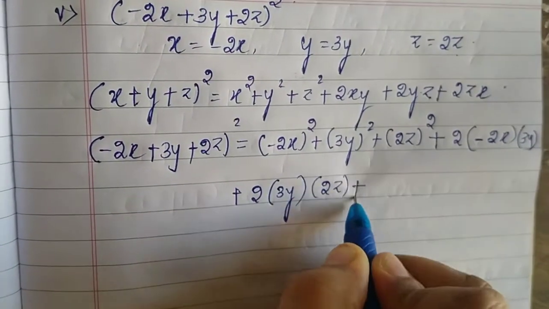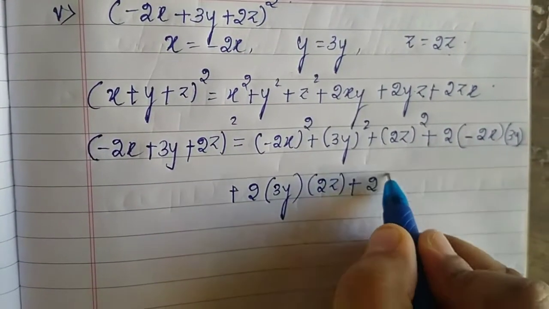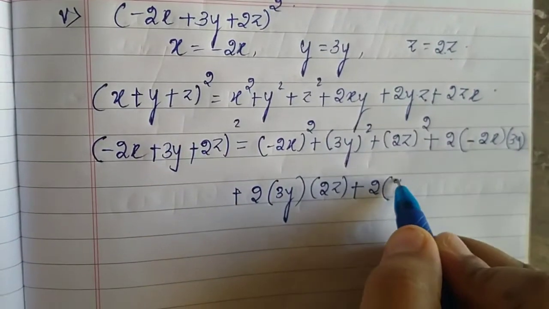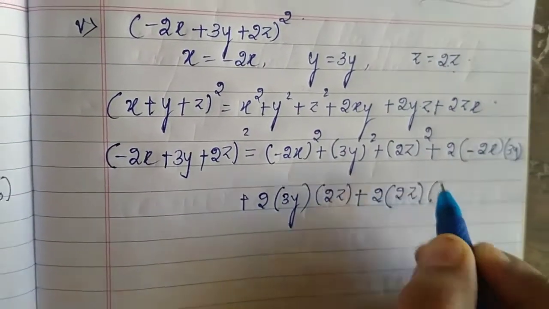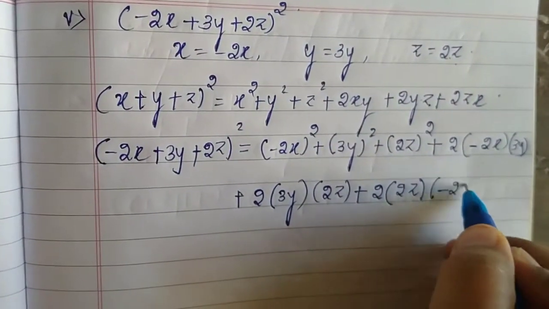Okay, plus 2 into z is nothing but here 2z and x is nothing but here minus 2x.